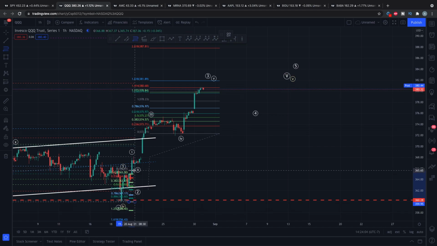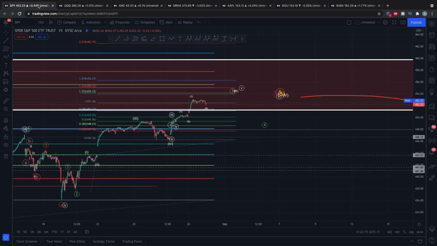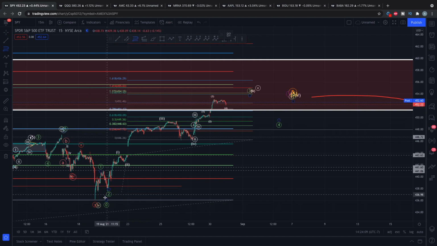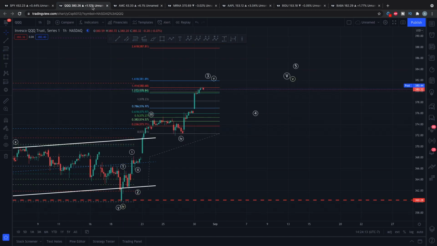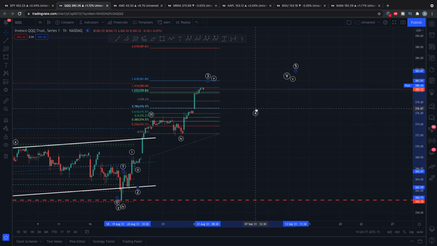So I think we did come down to the 0.618 level on that one. And same for SPY. I think SPY actually retraced down to the 78.6% level on that. So those are decently pretty harsh retracements for that wave 2. So I don't think the wave 4 will go down that harshly, but we'll see what happens when we do start heading downwards for that wave 4. So that's going to be it for SPY and the triple Qs.